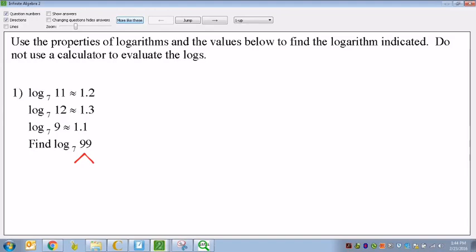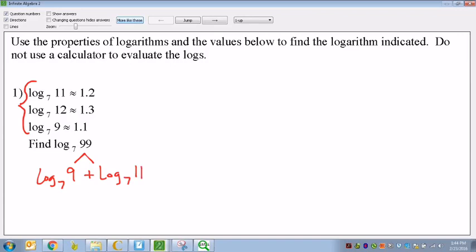I'm given these three: log base 7 of 11 equals 1.2, log base 7 of 12 is 1.3, and log base 7 of 9 is 1.1. So what if I could split 99 up using two of those numbers? Well, I think 9 times 11 is 99, so I can make this log base 7 of 9 plus log base 7 of 11.